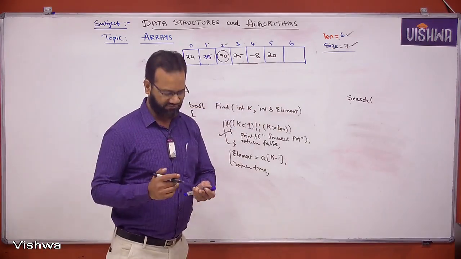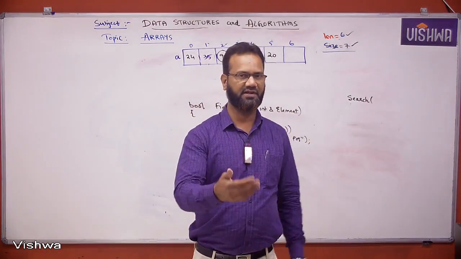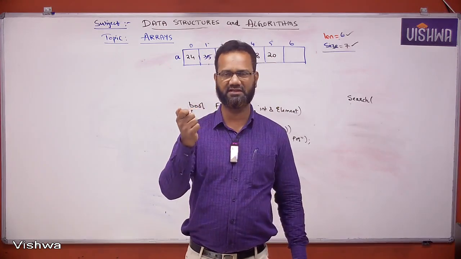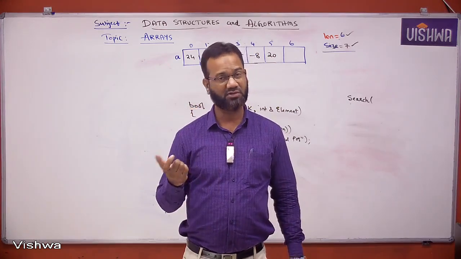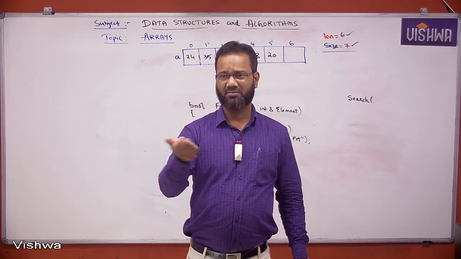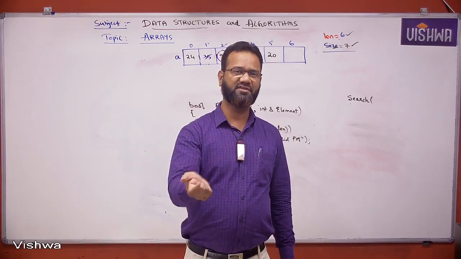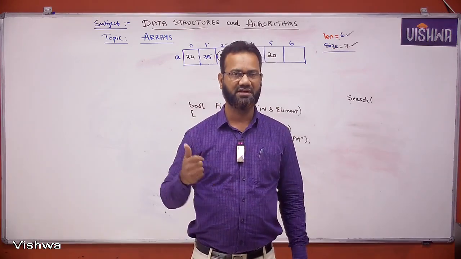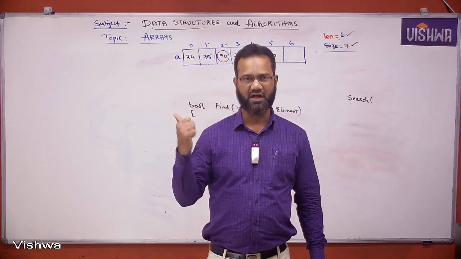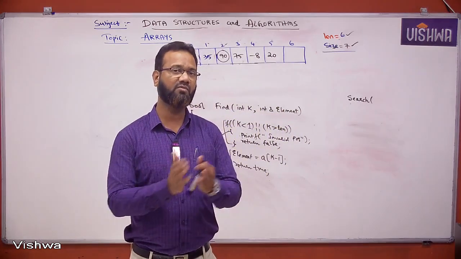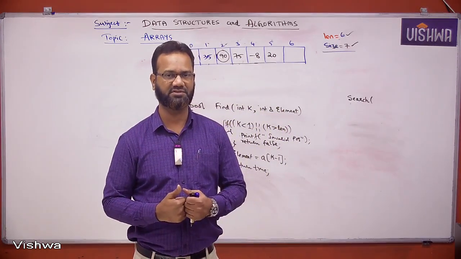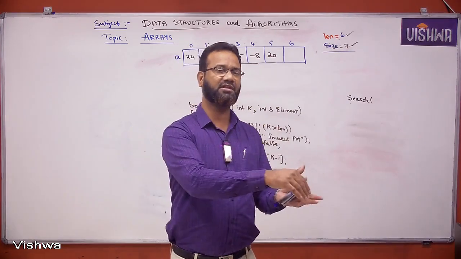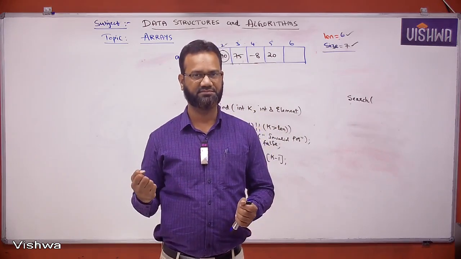Say, for example, we have entered a classroom and I know the name of a person, but I don't know where exactly that person is sitting, or I know the roll number, but that student might be sitting in the first bench, second bench or third bench, in any order. In the earlier problem of find, I know the position but I don't know what element is available at that position. So we went to that position and extracted the element, isn't it?